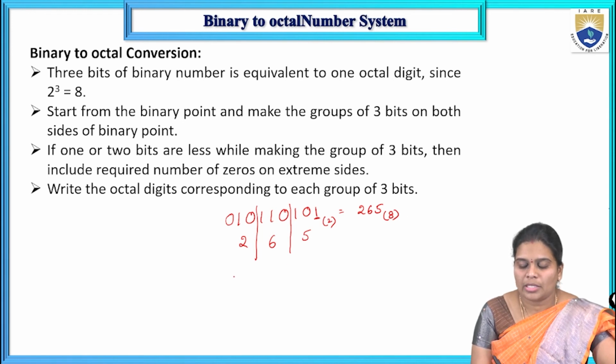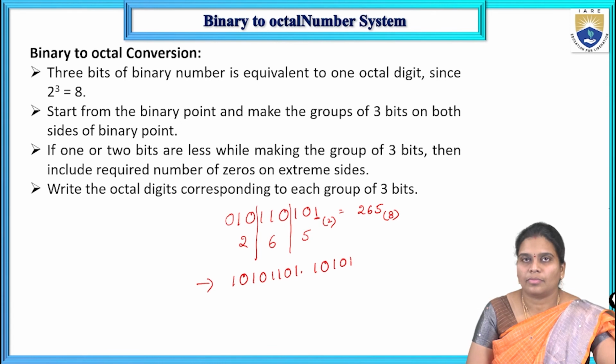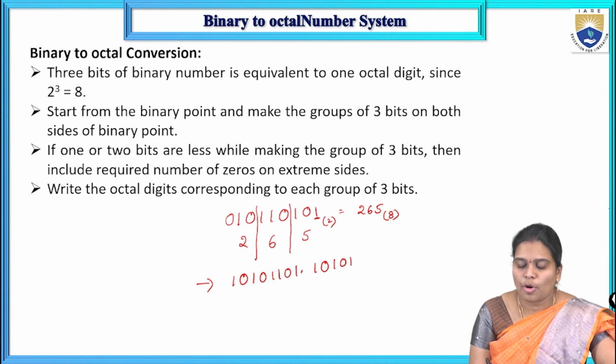Okay, so next example. We are taking 101101 point 10101. In this, on the point left side and the point right side, we divide into 3 bits only. Why? Because in the octal number system we have digits from 0 to 7, so the number of bits we use is only 3. In the point left side we separate 3 bits, again 3 bits.